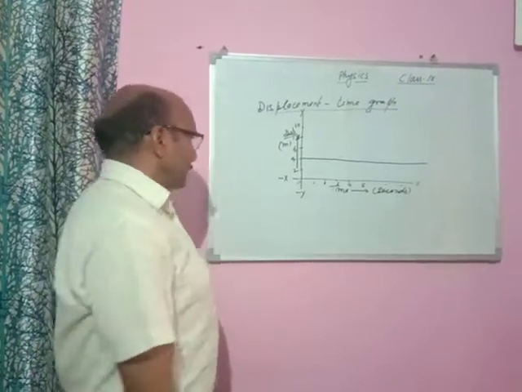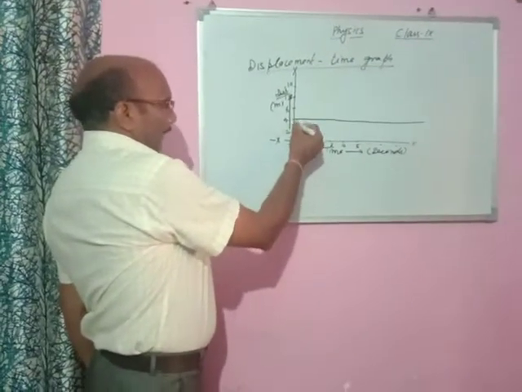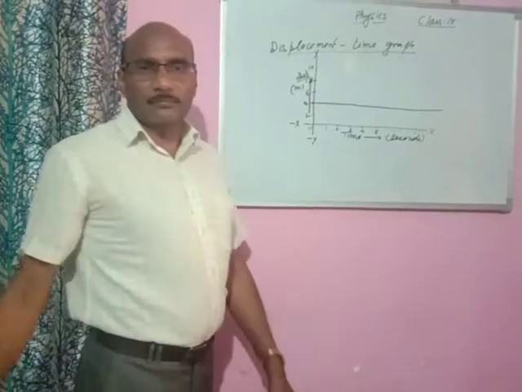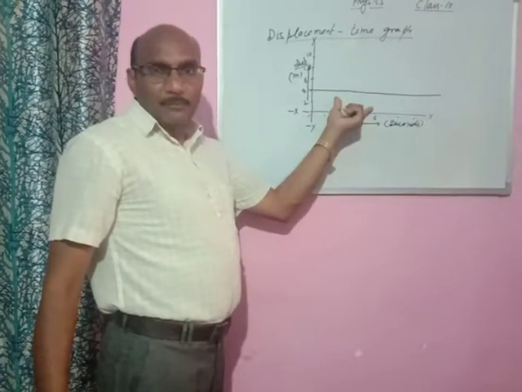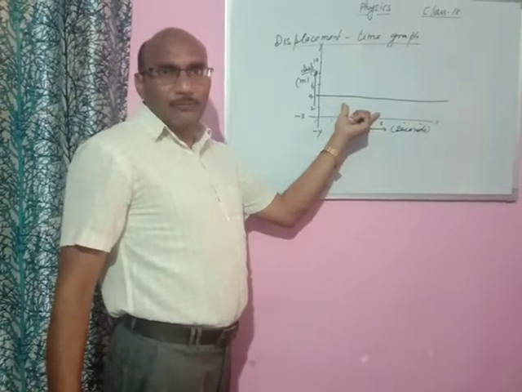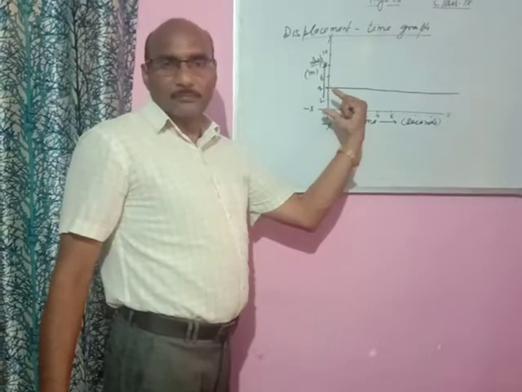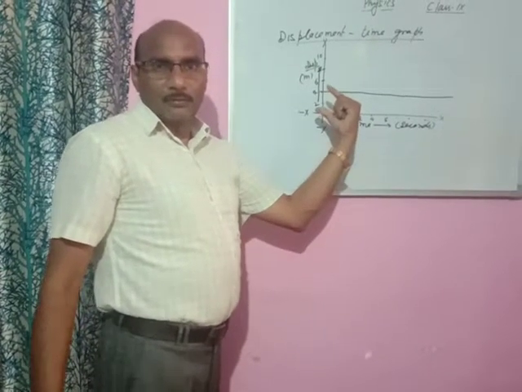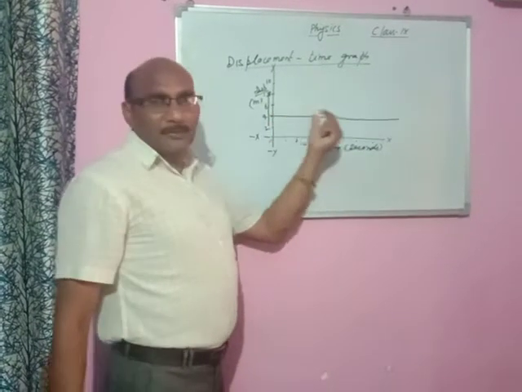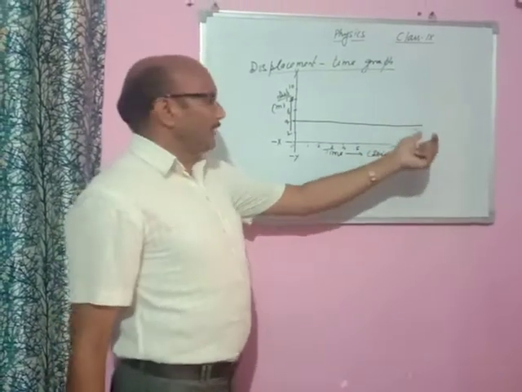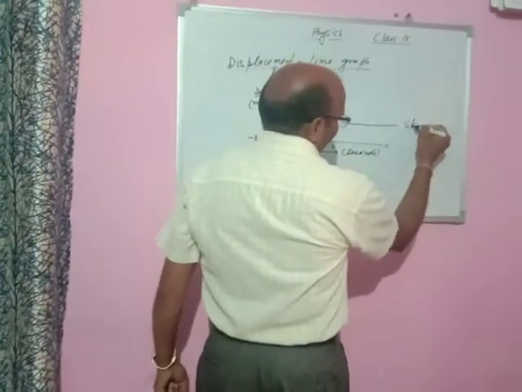It shows that already object was at a distance of 4 meter, and now time is changing, but value of displacement is not changing. Time is changing, but displacement is not changing. It means object is stationary.